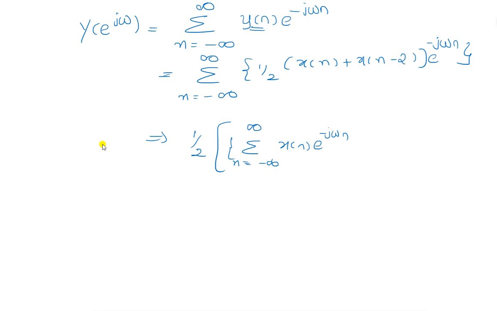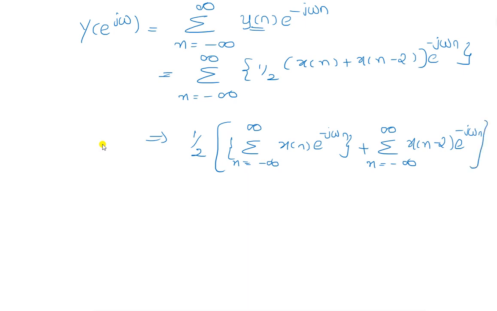So this is one, and the next one is sigma, n equal to minus infinity to infinity, x of n minus 2 into e to the power of minus j omega n.